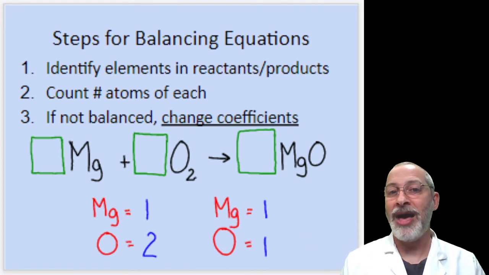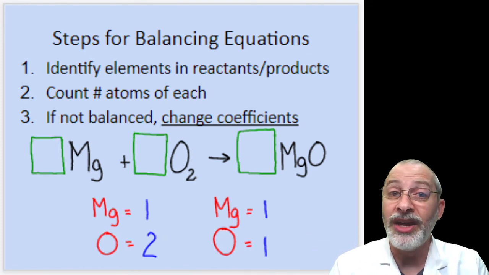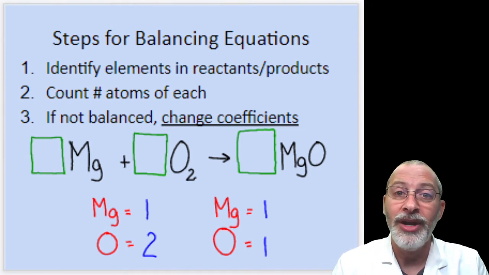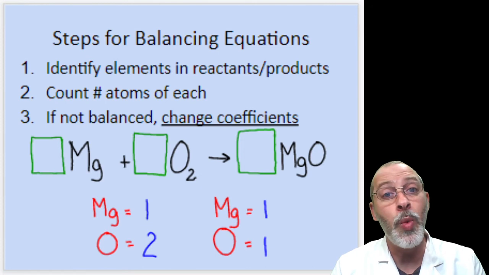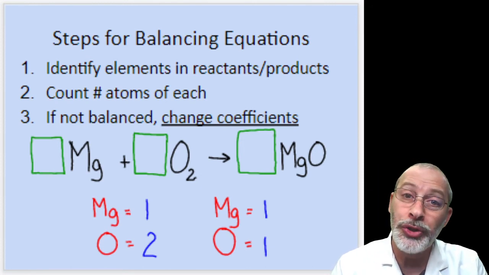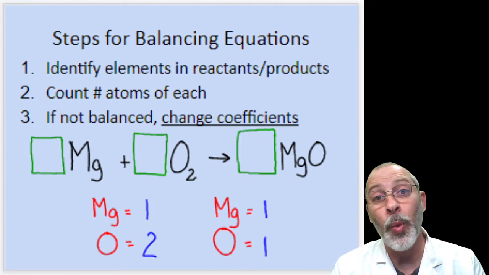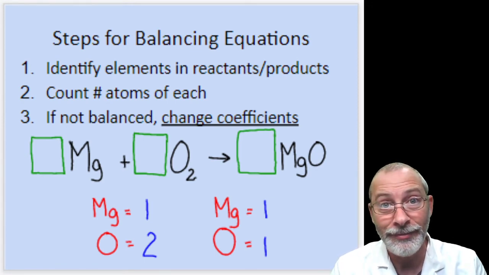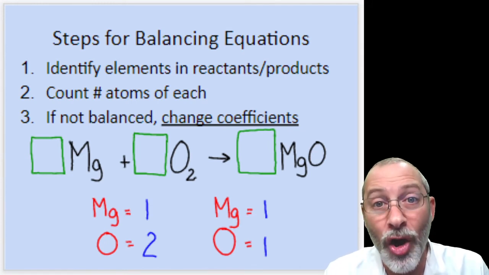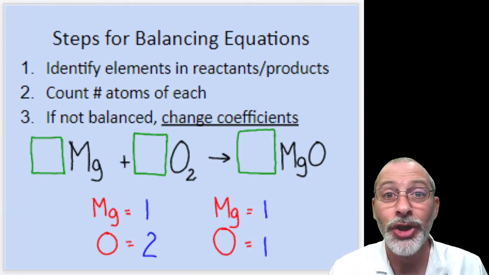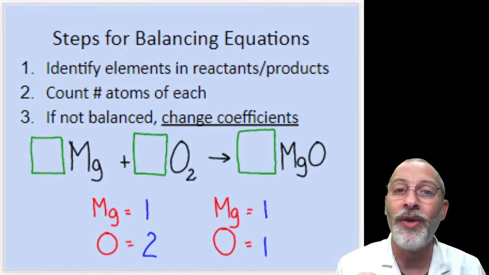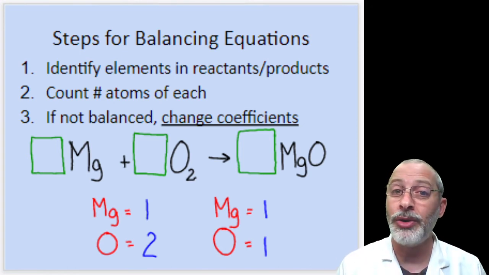And now comes the math part. You need to think of a number which will become the coefficient. Think of a number that, if multiplied by 1, will equal 2. What times 1 equals 2? What is it? Hopefully, you know that the answer is 2. That answer is what becomes your coefficient in the correct location.